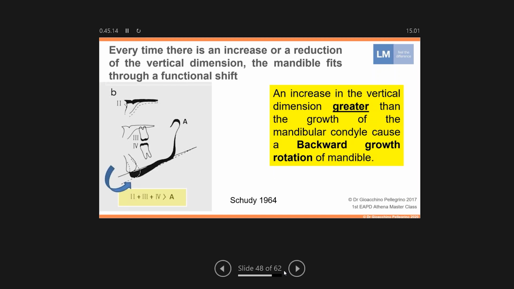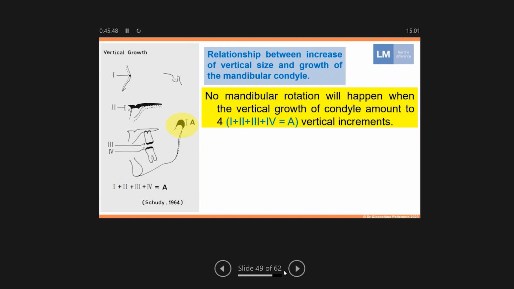On the contrary, when we have a very important increase in the anterior vertical part compared with the growth of the condyle, we will have a post-rotation of the mandible. And all the doctors that work in the orthodontic field know that the post-rotation of the mandible is really something very complicated to manage.